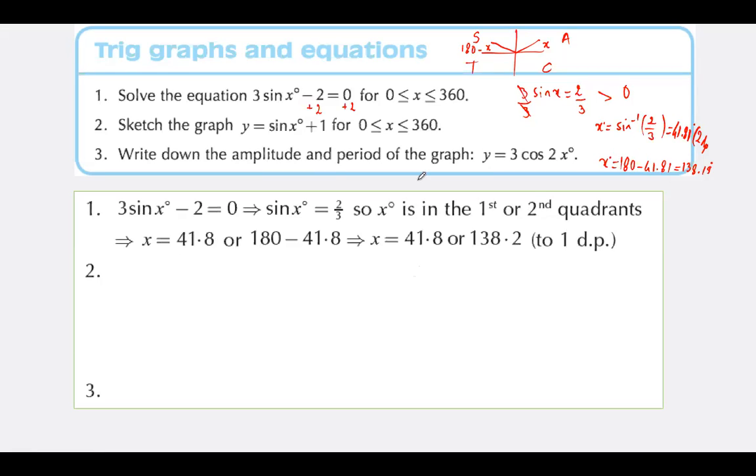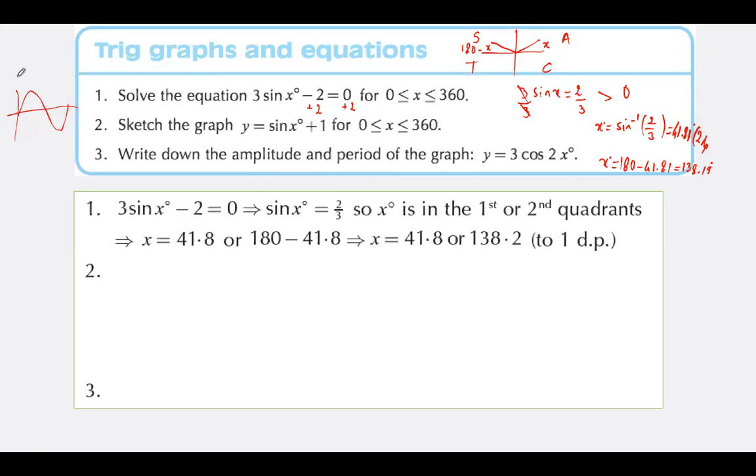Second one, sketching. Whenever you've got to sketch, you look first. So I've got sine x. Sine x is one of the easiest ones to do. It's probably the easiest one, but then you need to move it up by 1. So just think about what sine x looks like normally. Sine x is between 1 and -1.